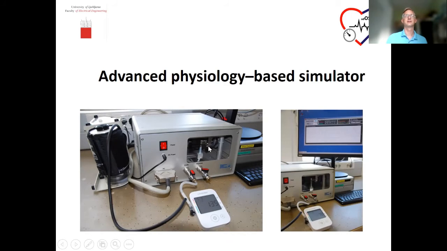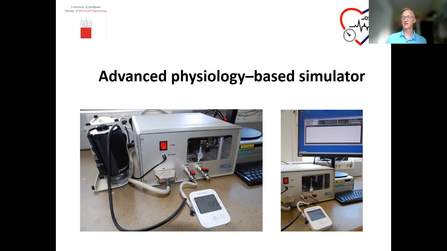And the thing is, this device incorporates a database of actual living persons, some 600 of them, which were basically measured. Their waveforms were measured in the hospital, meaning that we actually have a couple of hundred people with different blood pressure levels, different heart rates, different clinical status, and we have their own waveforms for the blood pressure.